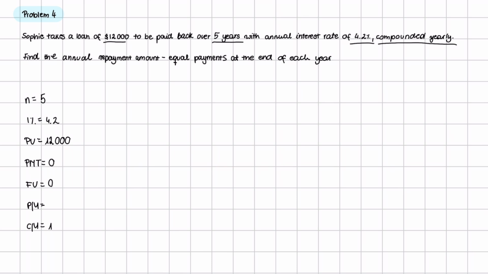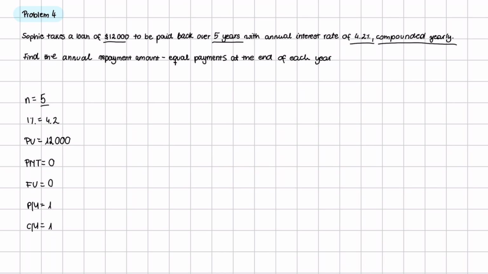And P/Y, it is simply 1 because we have annual interest rate, and here we have N in years. If we have N in months, our P/Y would be 12, but for now it's 1 because we have N in years.